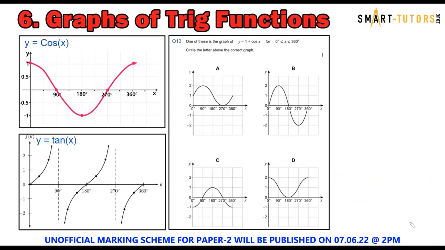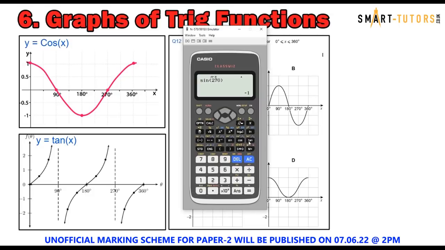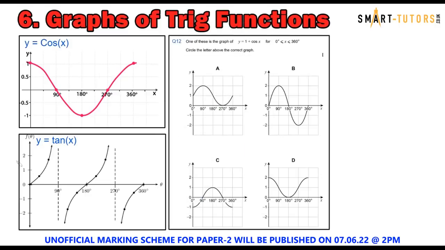We are going to move on to the cos x graph. Again, you can use the calculator to plot the cos x graph. It looks like a bucket, a cos bucket. Then the tan graph, very important: when you press tan 90 on the calculator, you will get a maths error. Which is very true, because tan 90 is not defined.